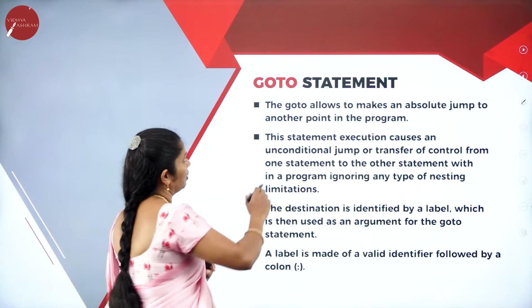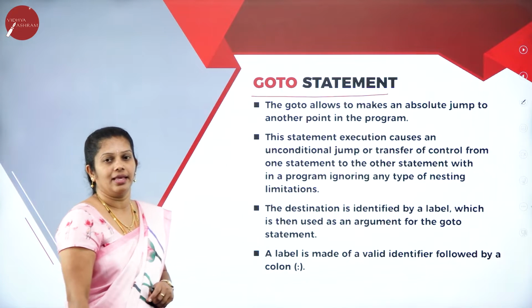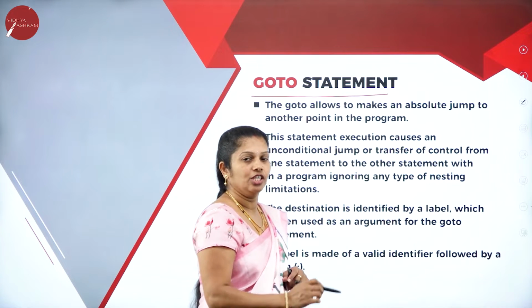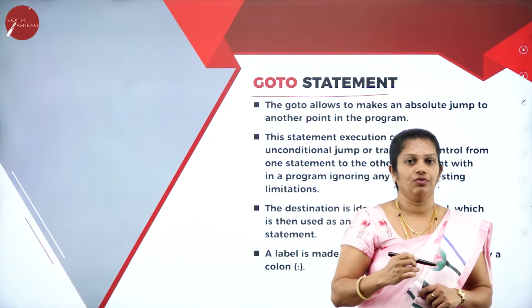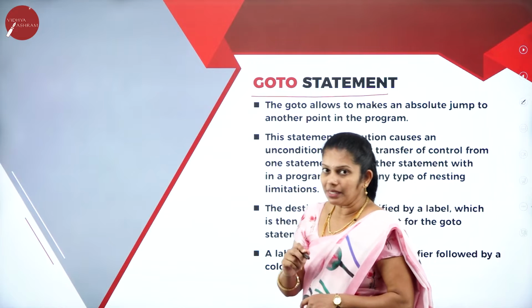Next, we will discuss the goto statement. The name itself says goto, which means that to whichever label we give, the control will automatically transfer. Here we use the keyword goto.